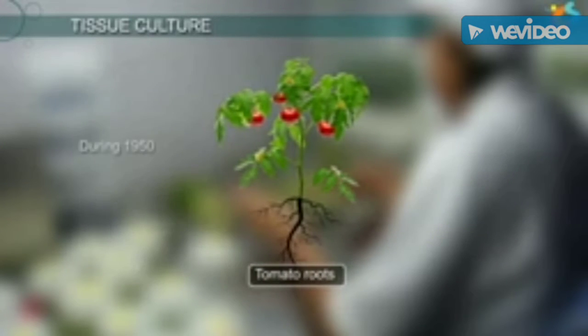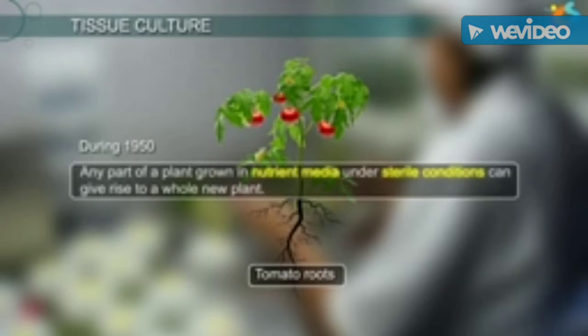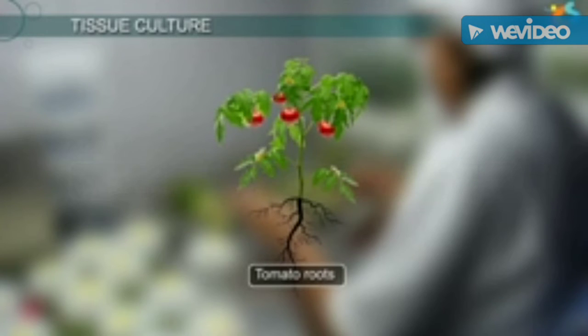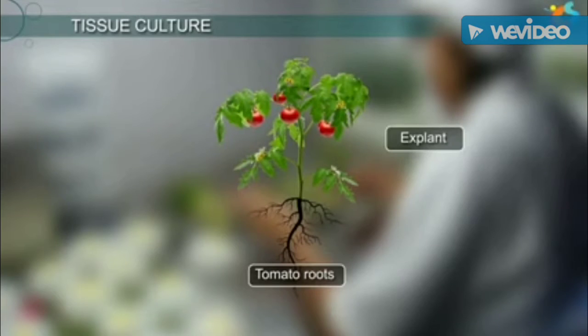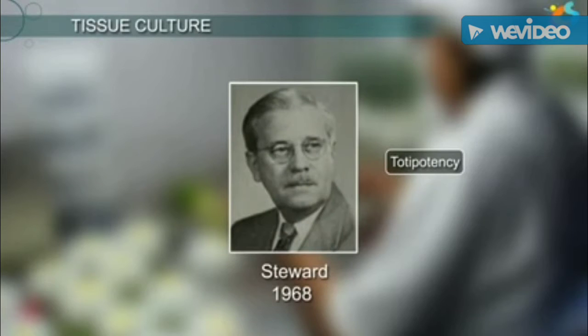During the 1950s, scientists found that any part of a plant grown in nutrient media under sterile conditions can give rise to a whole new plant. The plant part used in culture is called an explant. This property of plant cells to give rise to a whole new plant is called totipotency. The term totipotency was coined by Steward in 1968.